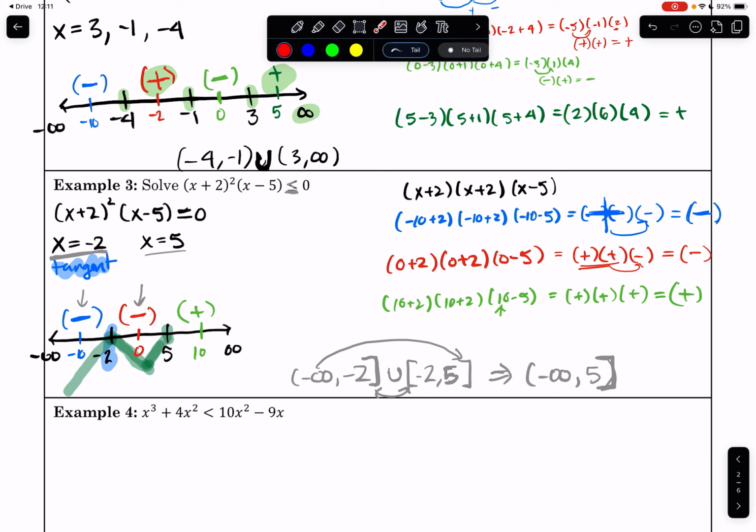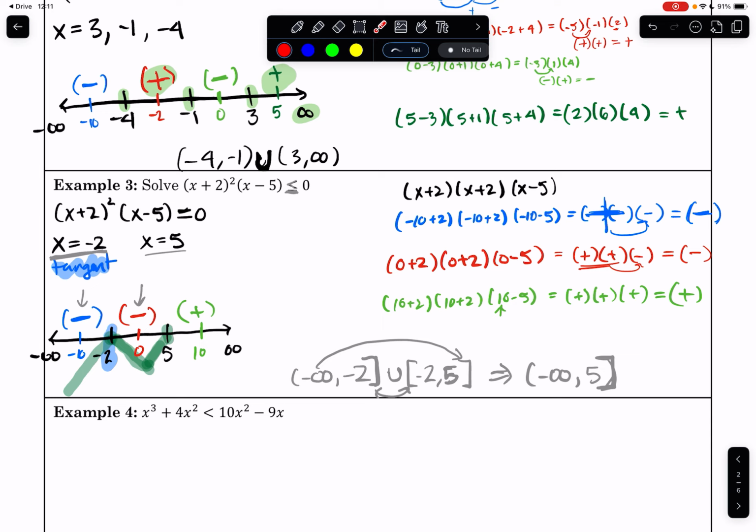So since the graph started below the x-axis and we're tangent at this 0, it's going to stay below the x-axis before it gets to the 0 of 5. At 5, that's when it's actually going to cross the x-axis and move above the graph. So we can see that we're going to be below the x-axis at those two locations.